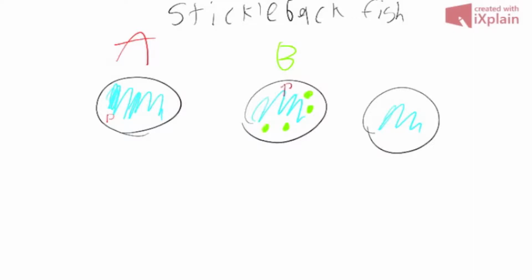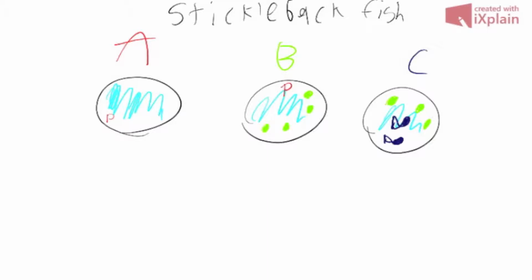And in pond C, there's a lot of other fish that compete with the stickleback fish for food. I'll draw some more little food pellets here, and another fish. There we go.